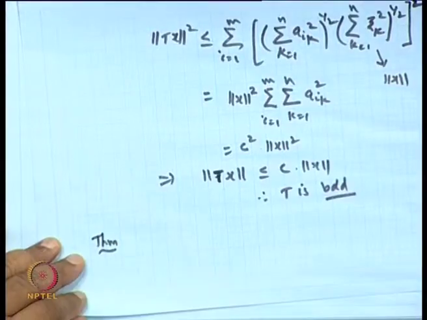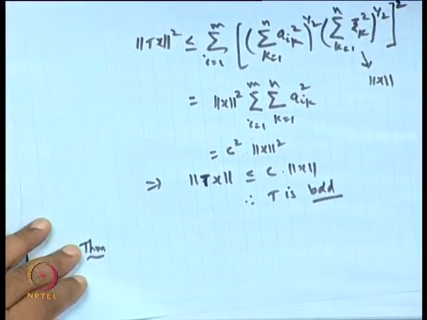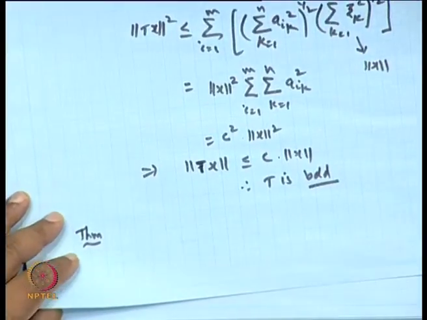So, one of the results we are telling is that if a normed space is finite dimensional, then every linear operator must be bounded.